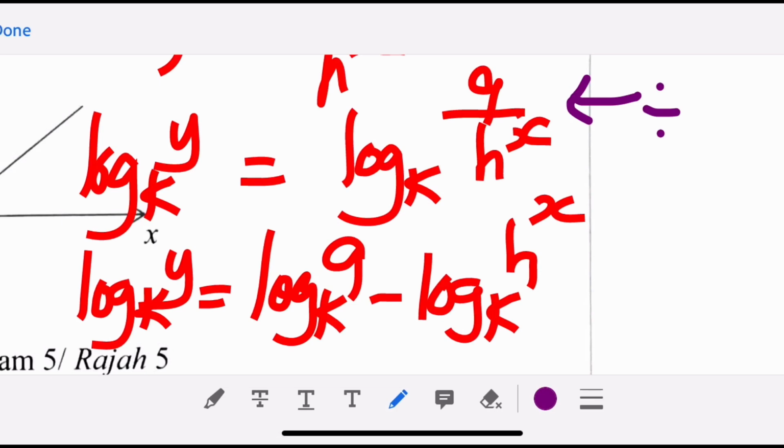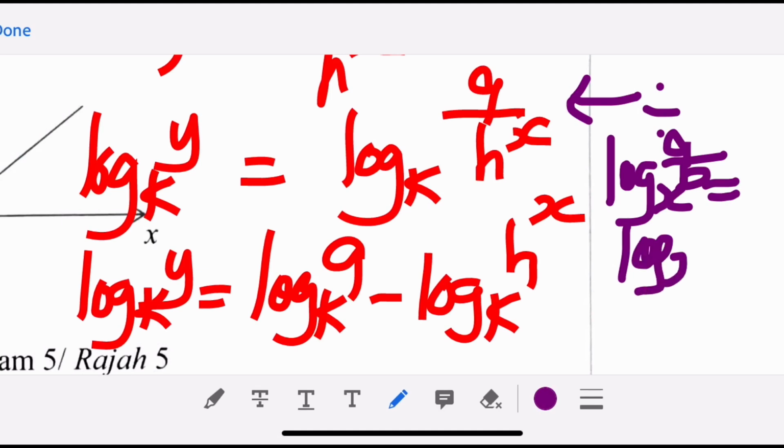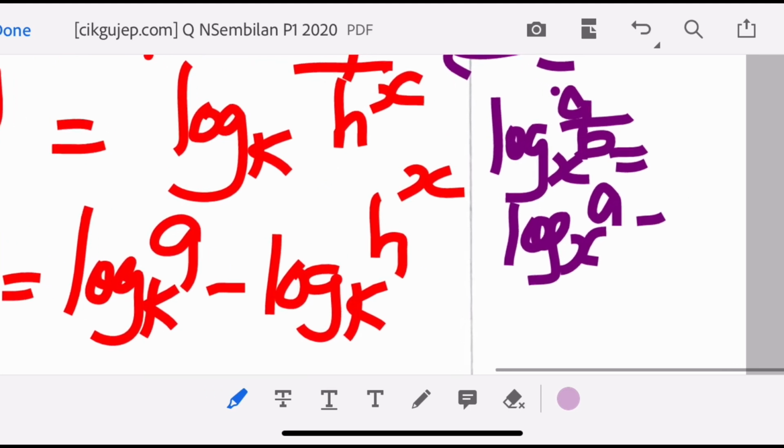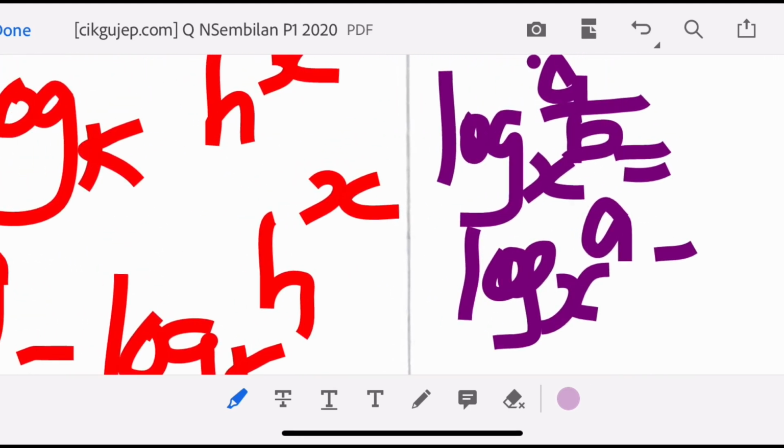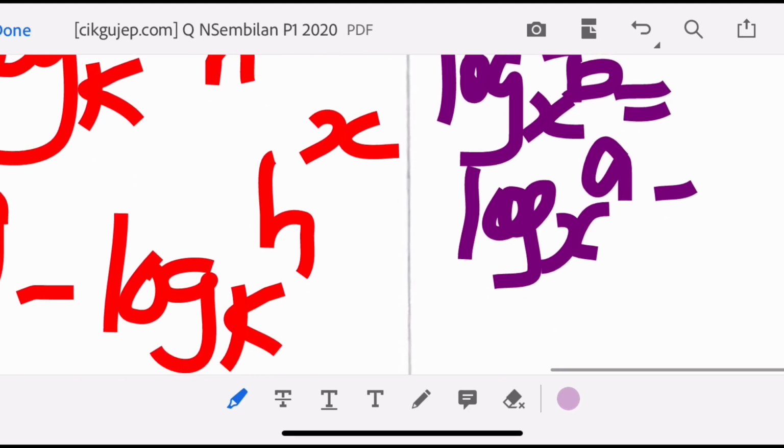When dividing you must minus. So the law says log x of a over b must be log x a minus log x b. This is a law of logarithm. Please follow the law and don't go against the law.